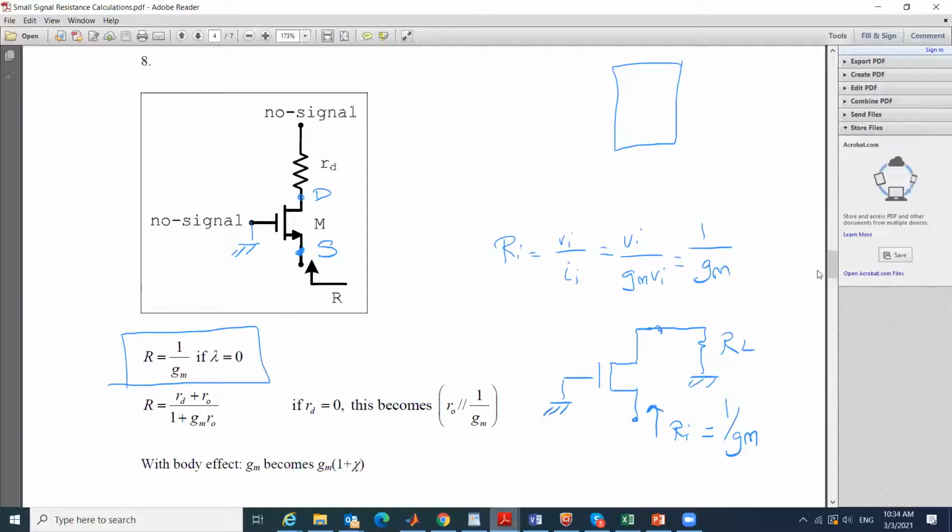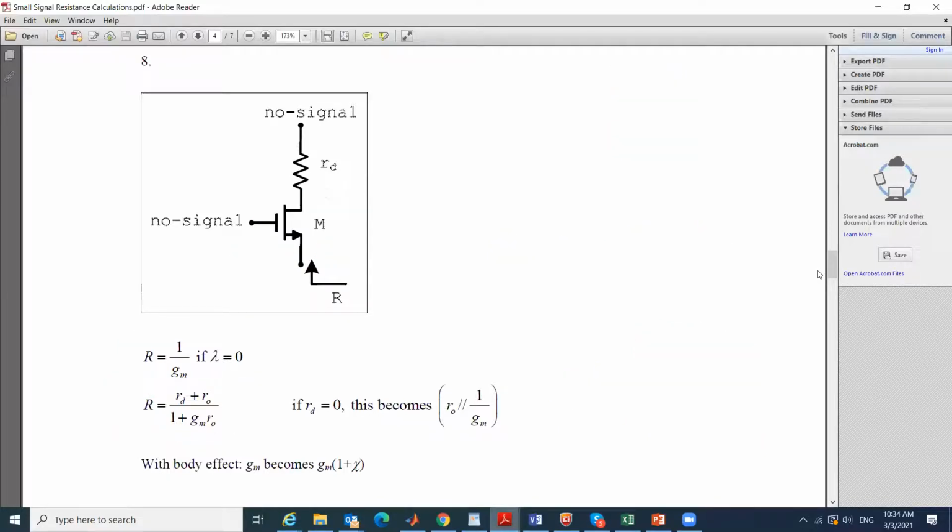And if lambda is different from 0, meaning I have RO, it's going to be RD plus RO over 1 plus GM RO. And for other applications where RD is 0, we have a specific equation. So in this scenario, it is telling me that here is your Rn that you're going to see.